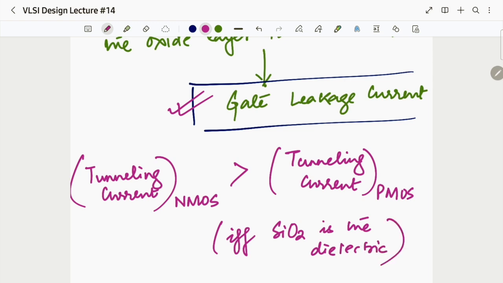That means the oxide layer is made up of silicon dioxide. At that point, if in both the transistors we have silicon dioxide as the dielectric, then tunneling current in NMOS is greater than the tunneling current in PMOS. Okay. So this is all about tunneling.